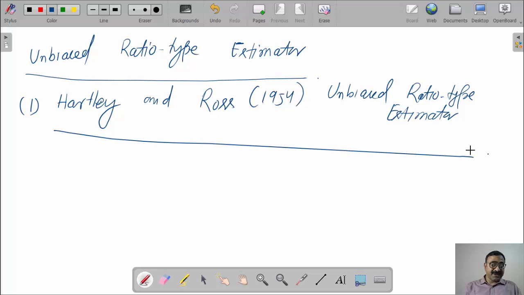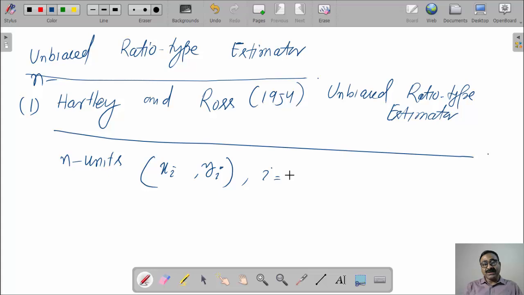An unbiased ratio type estimator was proposed initially by Hartley and Ross in 1954 in case of simple random sampling without replacement scheme. Suppose a simple random sample of n units is selected using the without replacement scheme, and we calculate x_i and y_i for all the units of the sample.